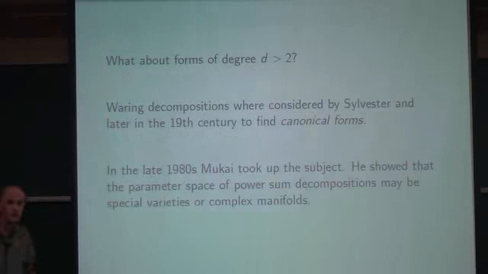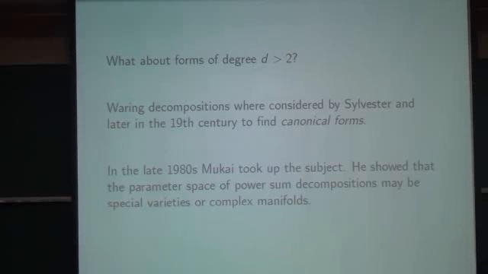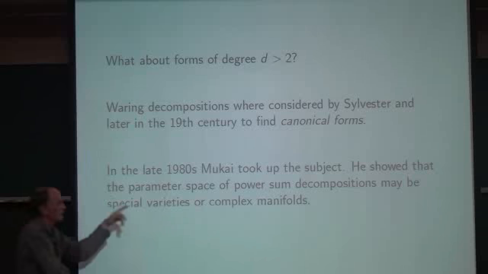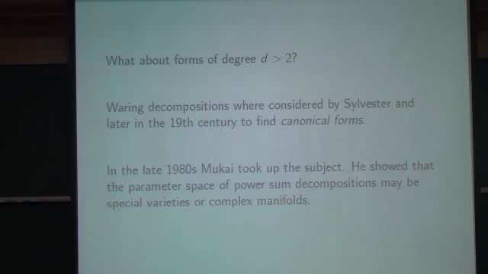So now, what is the story if you go beyond quadrics? What are the results there? As I said, starting with Sylvester in the 19th century, they looked at canonical forms. And when this was taken up again in the 80s, Mukai looked at the varieties, the manifolds, the whole sets of different decompositions.